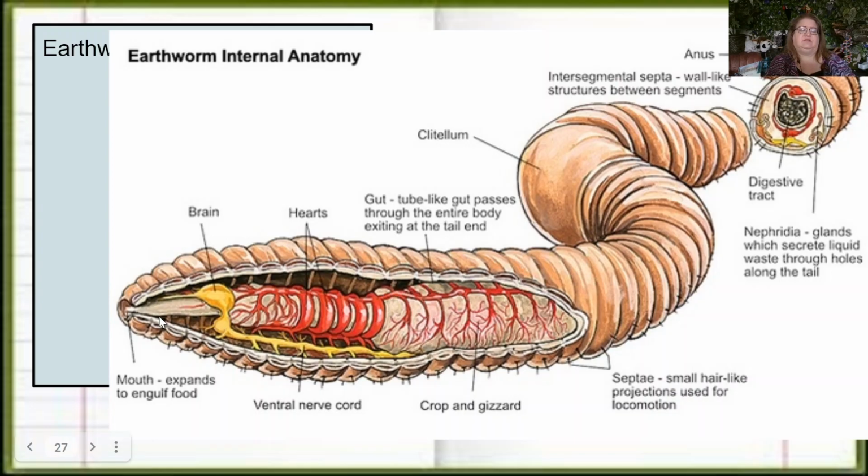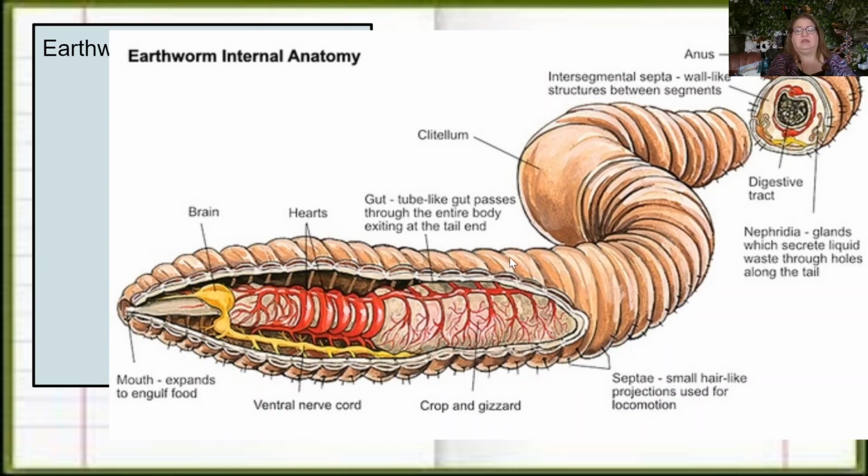And then you see that complete digestive system, mouth, pharynx, the crop and gizzard, which is akin to a storage tank, and then a gizzard helps grind things up. And then the rest of the body is a big intestine, which then goes to the end. And then here you have each segment divided by a septum, a wall. And each one will also have a little nephridia, which is a very simple kidney.